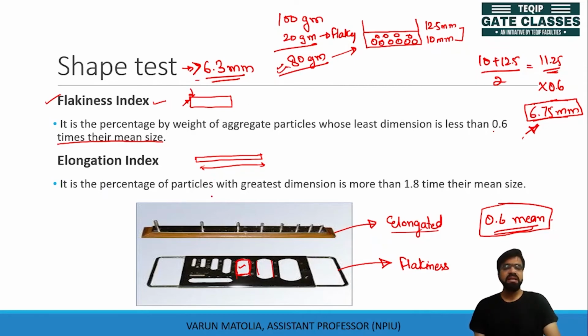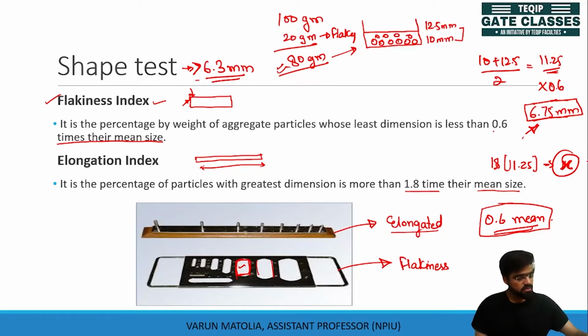So now we take these 80 grams to the elongation index test, and for the elongation index test we use 1.8 times their mean size. If the mean size is 11.25, we will multiply it by 1.8, and let us calculate this size also.